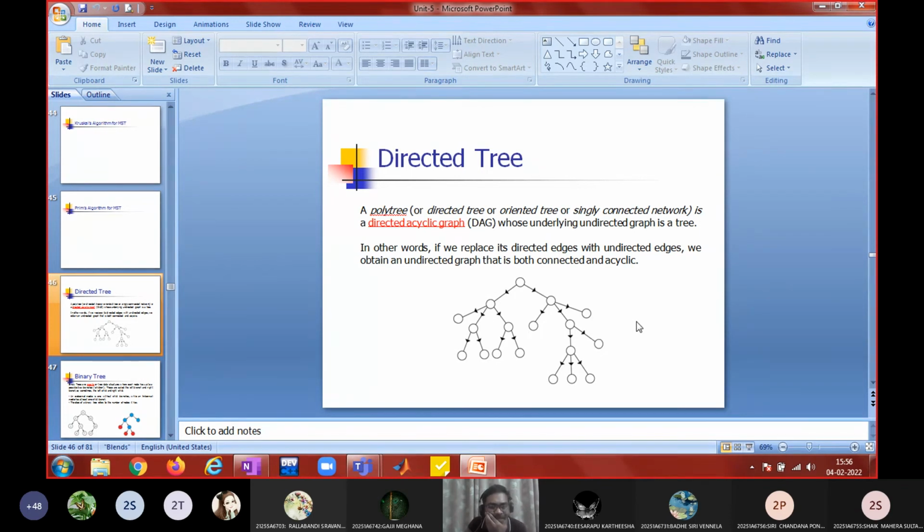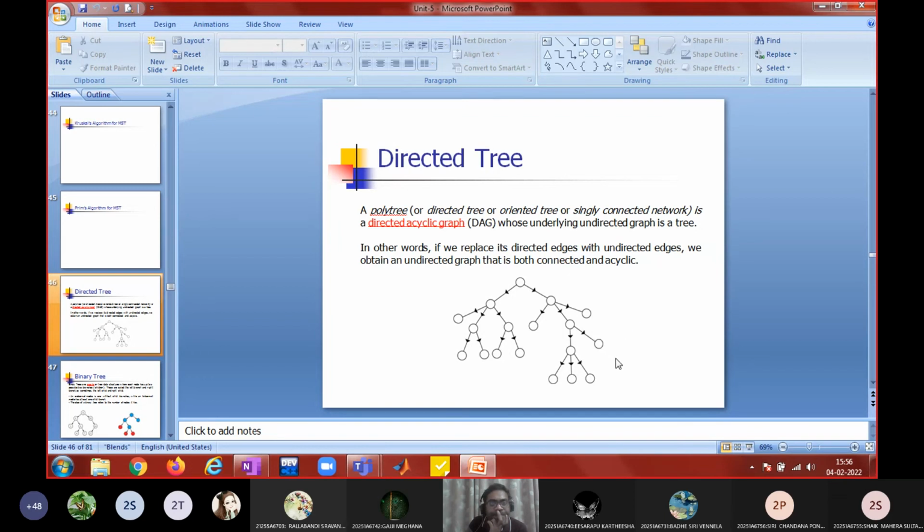May I proceed? And I copied this definition from Wikipedia. You can Google it. May I proceed?